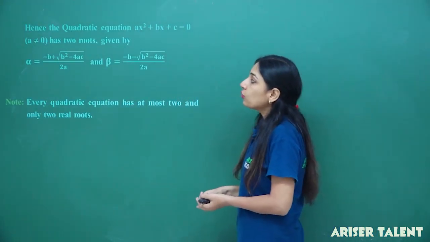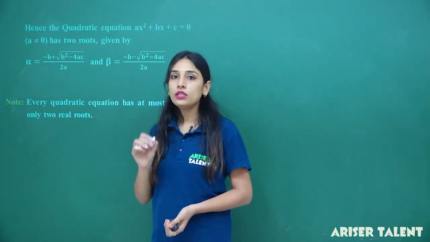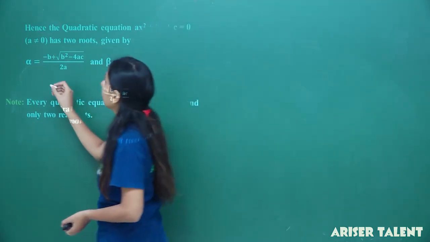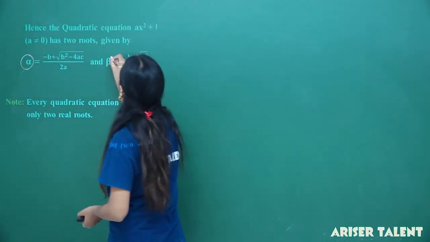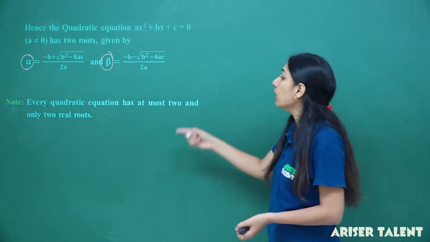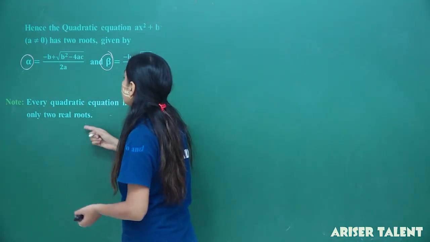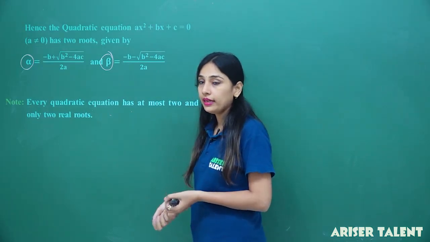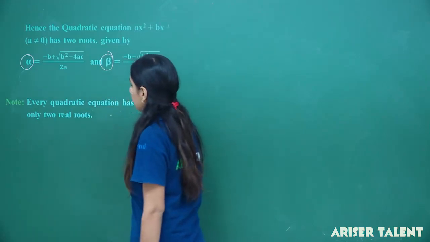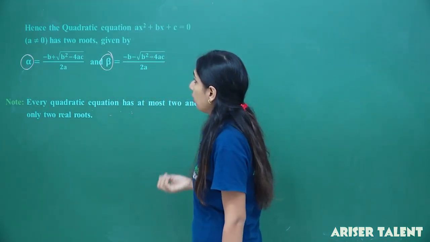Okay, so I have told you whenever you say quadratic equation, its roots will always be 2, alpha and beta. Every quadratic equation has at most 2 and only 2 real roots. Never can it have more than 2 roots, right students?